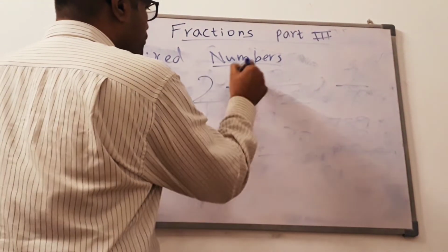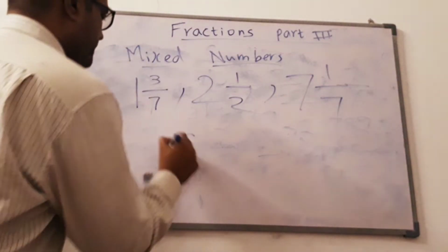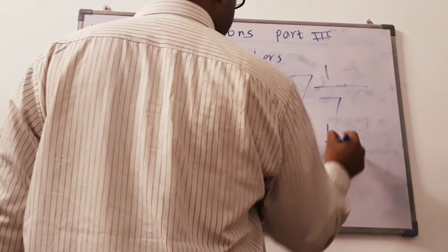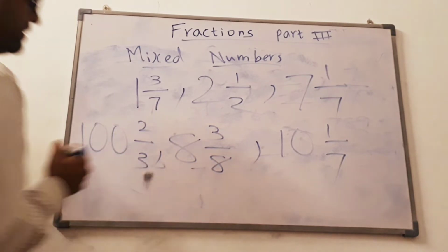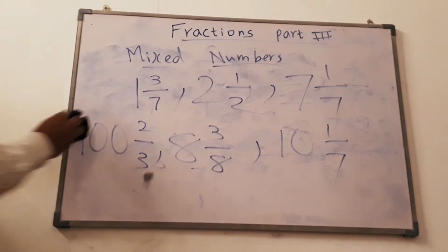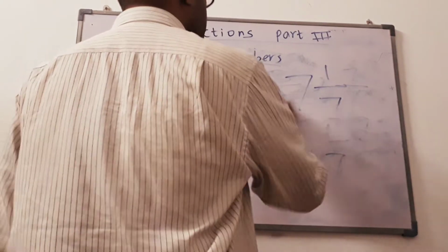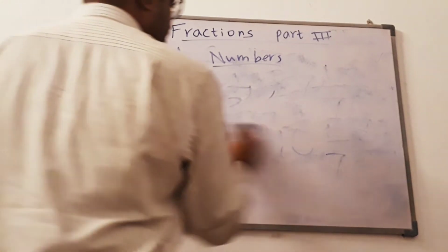Also 2 and 1/2, or maybe 7 and 1/7, maybe 8 and 3/8, maybe 10 and 1 out of 7, or maybe 100 and 2 out of 3. These are what we call mixed numbers, a combination of a whole number as well as a proper fraction. Mixed numbers are normally a combination of a whole number and a fraction.